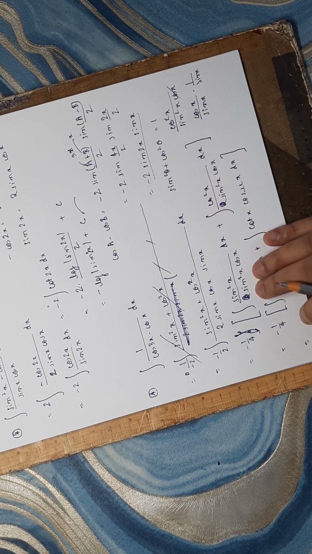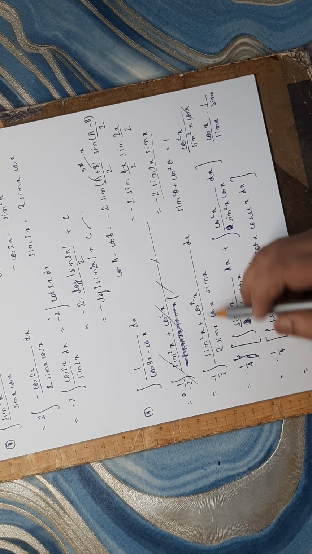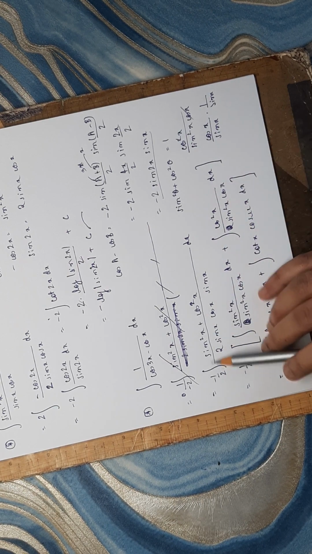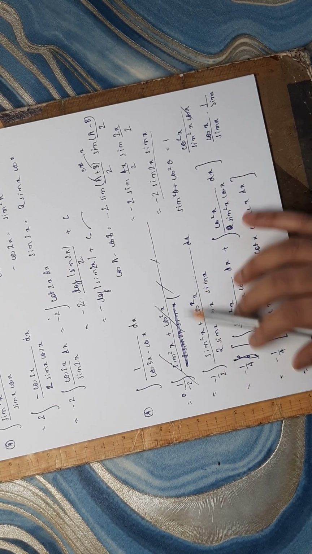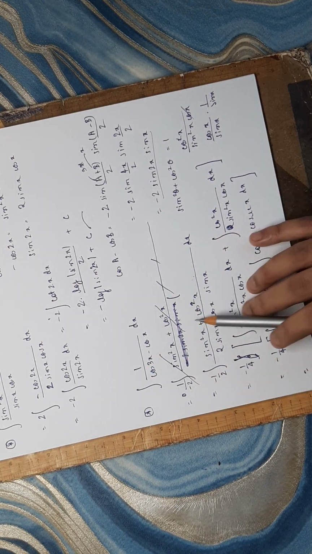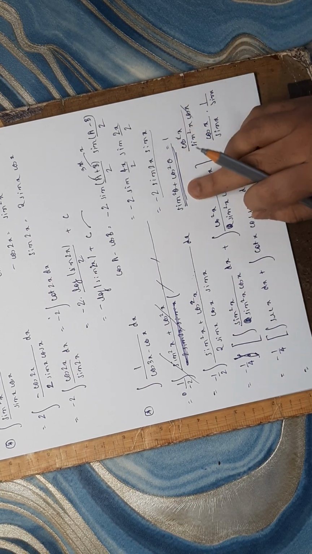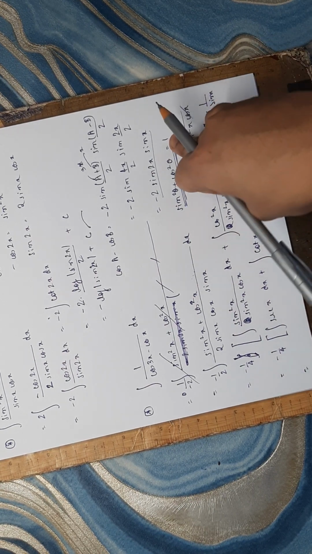Let me explain this part to you, because this part was actually cut entirely. What I did here is I replaced this 1 by sine square x plus cos square x, because we know this particular relation, that sine square theta plus cos square theta equal to 1.